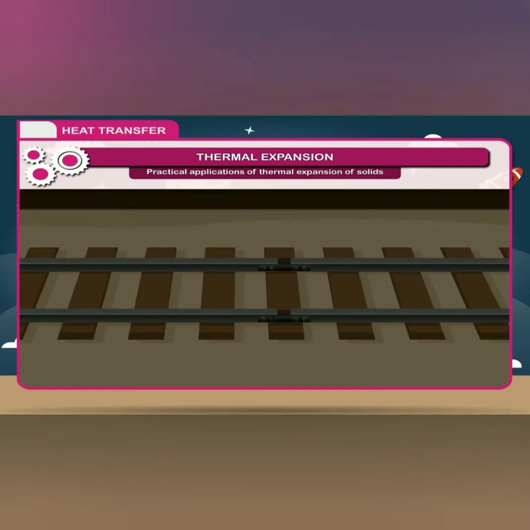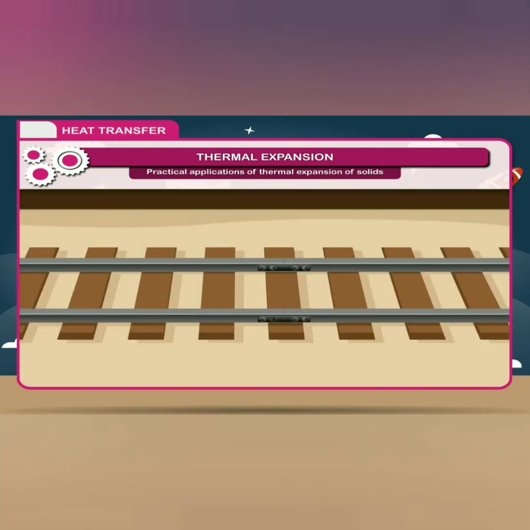If the rails are fixed tightly, leaving no space for expansion, what will happen? They will bend in summers and may cause derailment of trains. Hence, to avoid it, some space is left between the joints of railway lines. So now you are familiar with the reason.